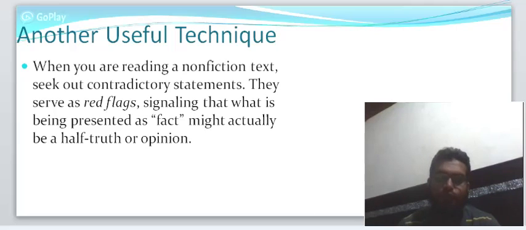So you have to read carefully, smartly, and spot the contradictory statements and be able to save yourself from confusion and intellectual deception. So if you find these contradictory statements, you will be in a position to claim that the writer's presentation of facts is not true.